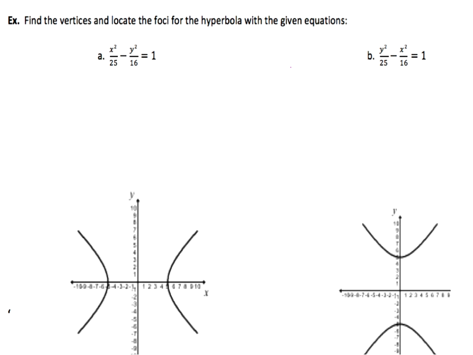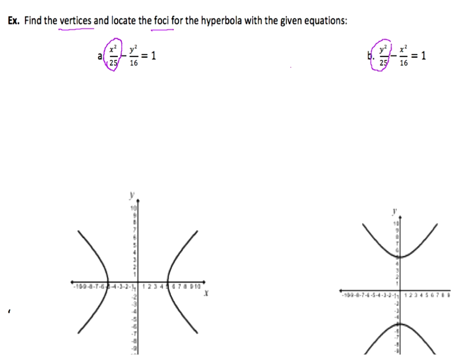All right, so let's take a look at these two examples here. We're asked in this particular problem to find the vertices and the foci of these hyperbola. Now notice the difference. They look very similar, but the difference is that with A, we are starting with an x squared term, and with B, we're starting with a y squared term.